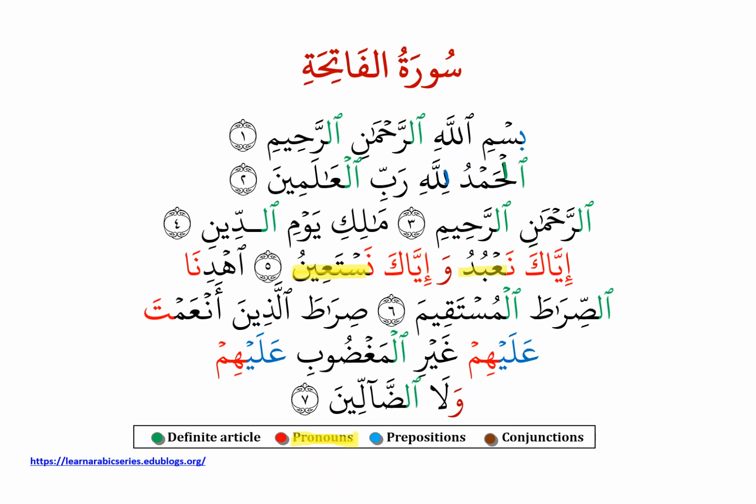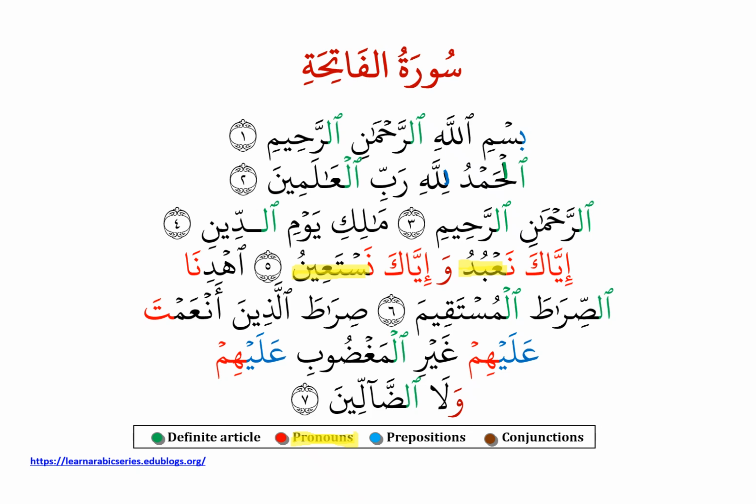So let's go back to the example here. نعبد and نستعين. Remember the letter which is color coded in red is a pronoun. So نعبد here starts with a pronoun. So the rule is, if the word starts with a pronoun, then this word for sure is a verb.